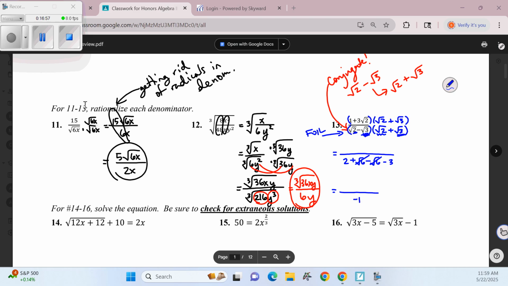So this looks good. Let's finish by foiling the top as well. So now we're just foiling the numerator. First terms, 1 times square root of 2 is just square root of 2. Outside terms, 1 times the square root of 3 is square root of 3.